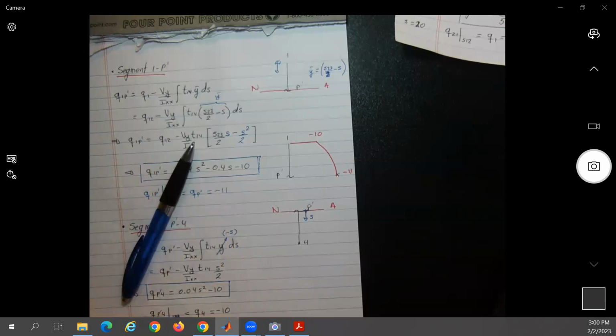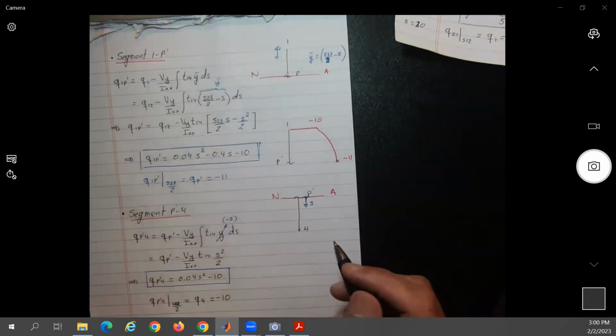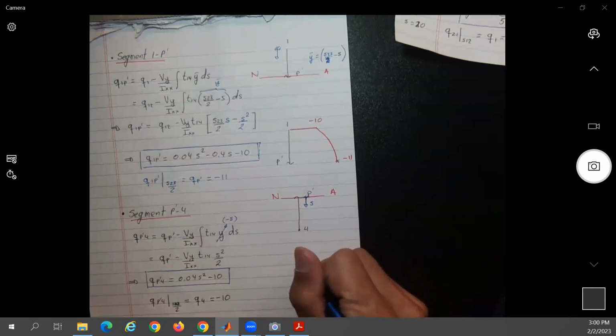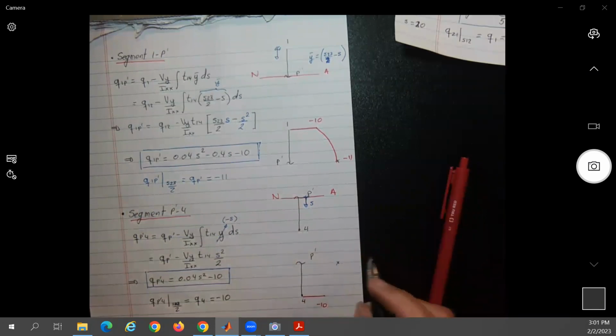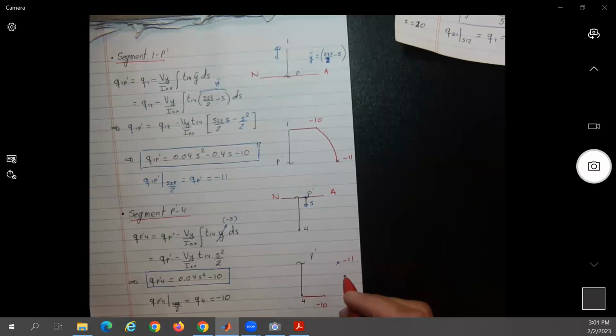That's what the math is giving, but looking at the equation. Okay, that's what the math is giving. So basically here, that means that what we're going to have over here is 4. We have the negative 10. We have over here the 11. The negative 11. Oh, it's negative. Okay.